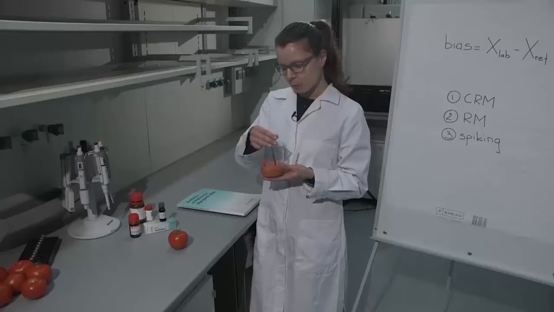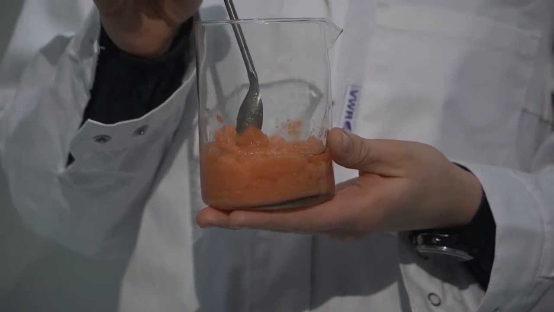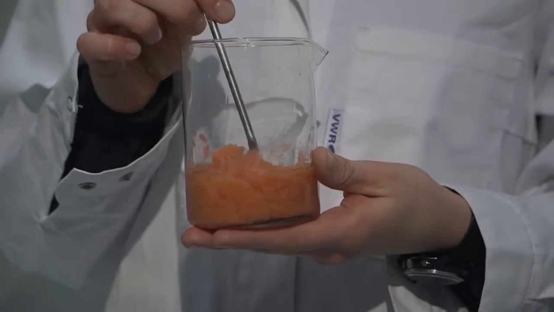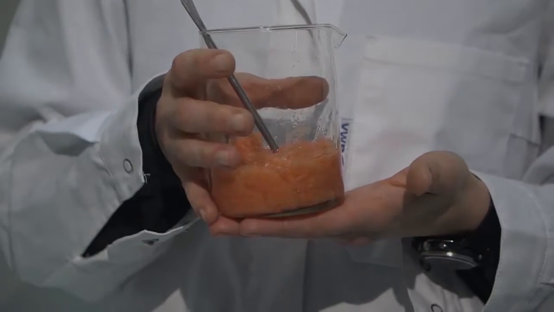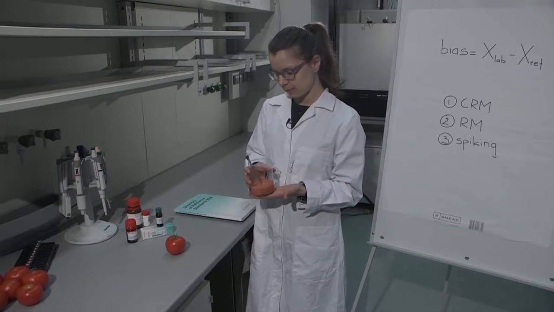Reference material means that you have a tomato sample that doesn't have a certain uncertainty. Usually it means that it is somewhat of a leftover from certain proficiency testing, and it has a value that different laboratories have acquired, but it doesn't have uncertainty.